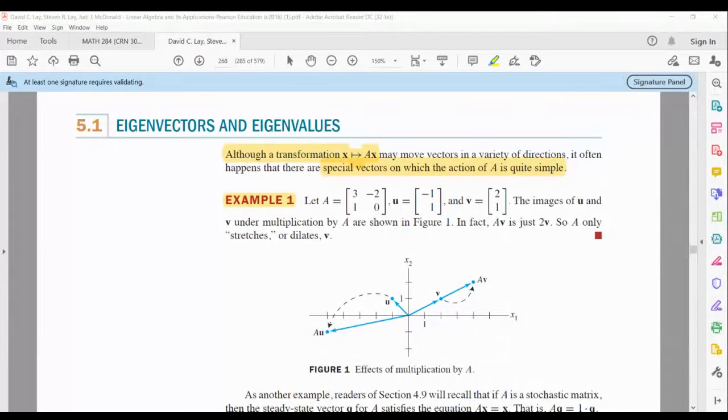If you multiply the matrix A by the vector u, which is -1, 1, I can see from the graph in figure 1 what it should be. What should the coordinates be? Who can tell me from figure 1?